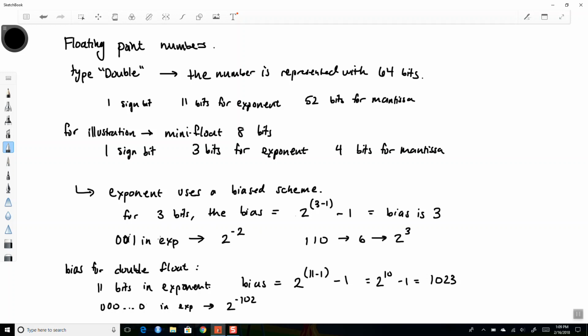You do 1 minus 3, which is negative 2. So you just take whatever your exponent is in binary, and then you subtract off the bias. Okay.